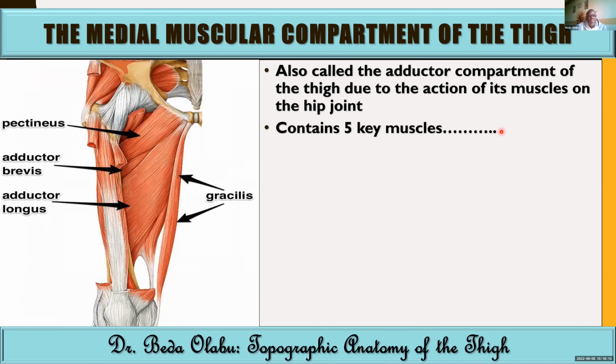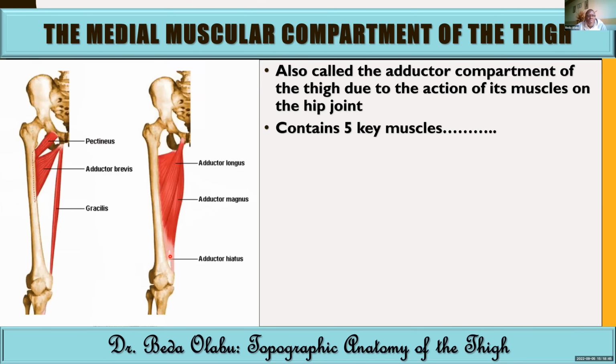We have the pectineus muscle that we've already mentioned as being part also of the anterior compartment. Now it's also part of the medial compartment as well. We have adductor brevis, adductor longus, and adductor magnus, which is down here. It's a huge muscle. And then we have gracilis. So those 5 are the muscles which belong to the medial compartment.